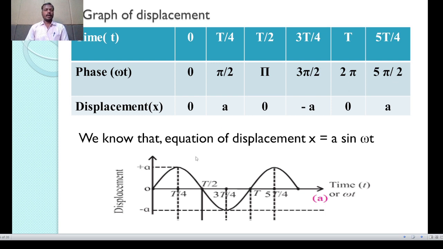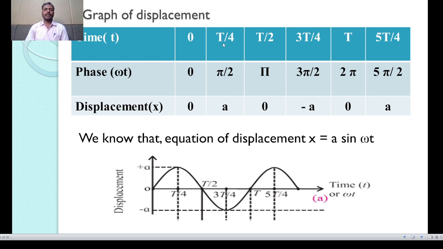Now we know the equation of displacement is x = a sin omega t. Omega t is nothing but the phase. Putting the value 0, sin 0 is 0, therefore a multiplied by 0 is 0, so initially x is equal to 0.